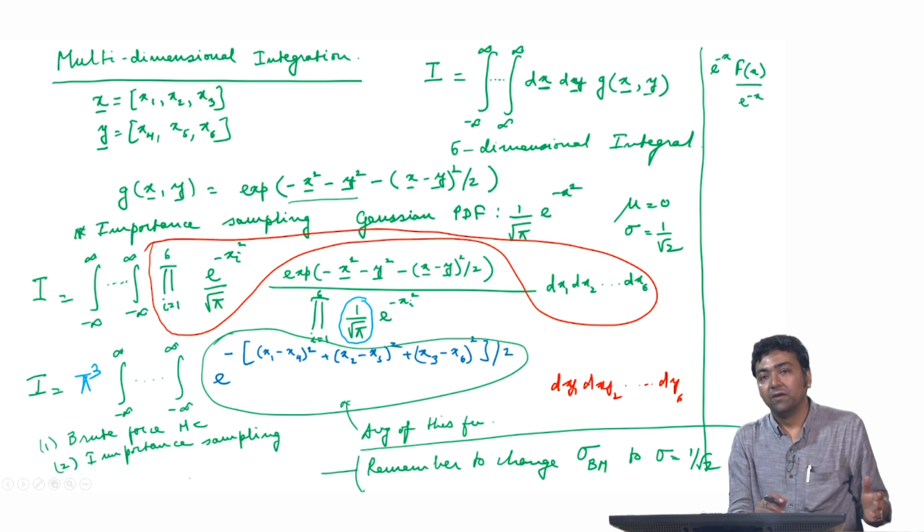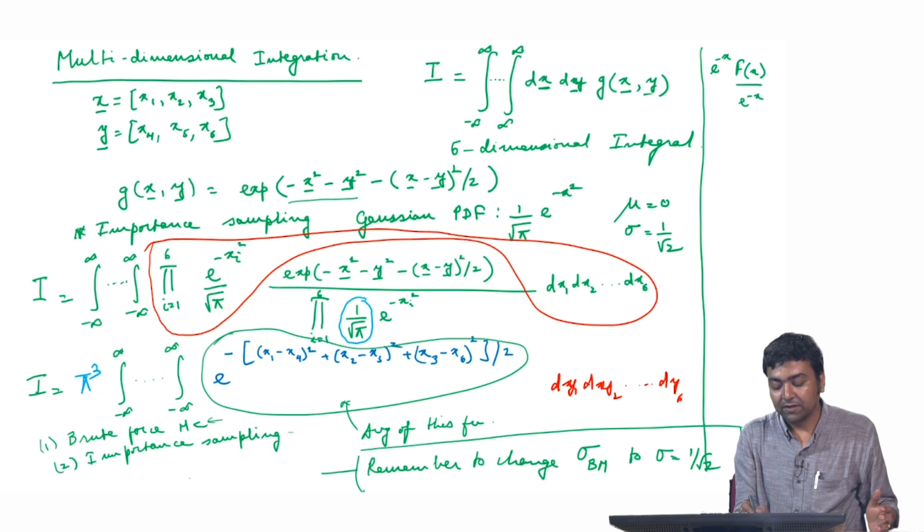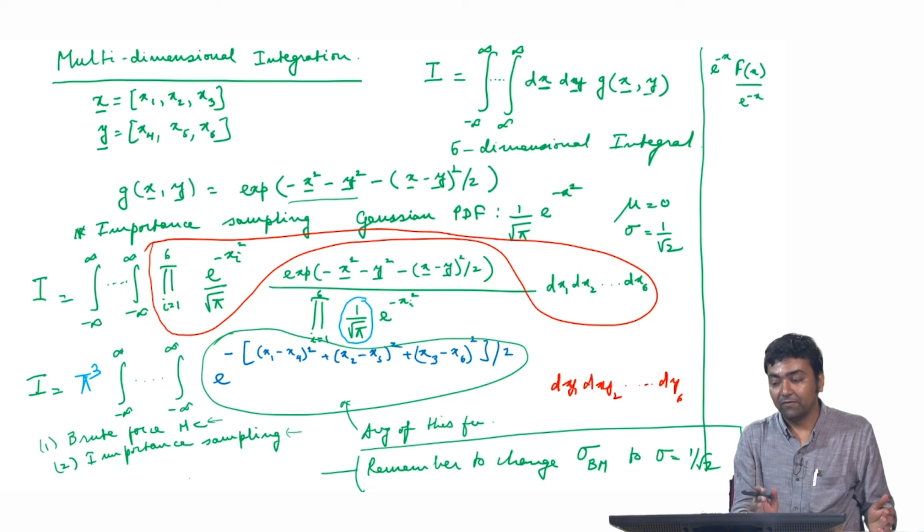By how quickly I mean how many random numbers you need for case 1 versus how many random numbers you need for case 2 to have the same level of accuracy in the value of the integral.